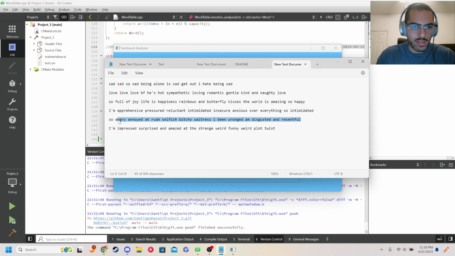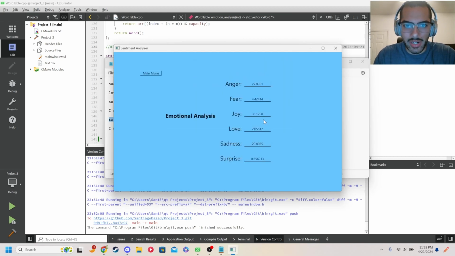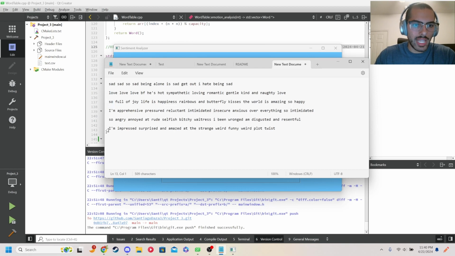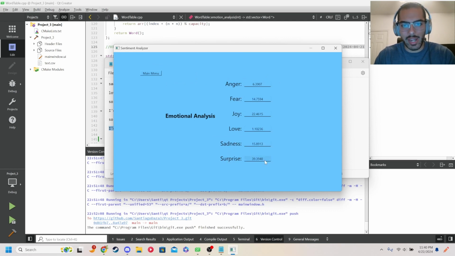Then following that, we can analyze a very angry passage and see that anger is a very high percentage-wise with 27% there. And lastly, moving on to a very surprising passage, you'll see that the surprise makes up over 40% of the emotions portrayed in the passage based on the algorithm that we implemented.